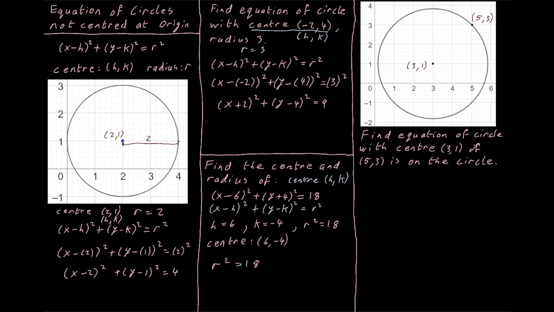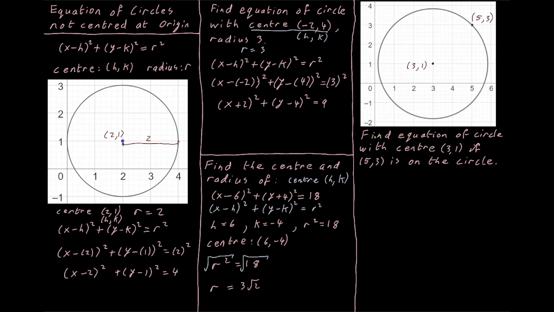I put that into my calculator, or I would take the square root of both sides to get r, and that is going to be 9 by 2, or 3 root 2. So I now have my center and my radius of my circle.